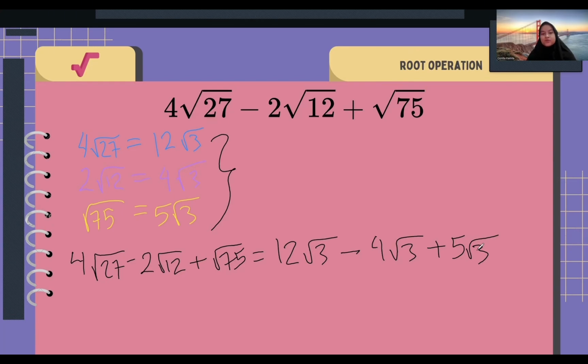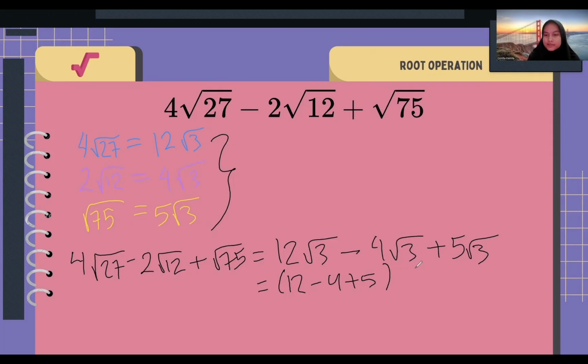Think of the square root of 3 as an apple. We have 12 apples minus 4 apples plus 5 apples. So 12 minus 4 plus 5.